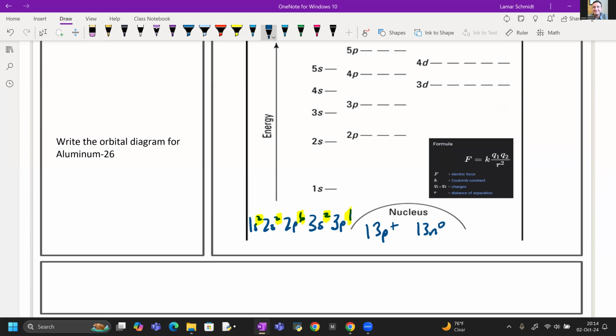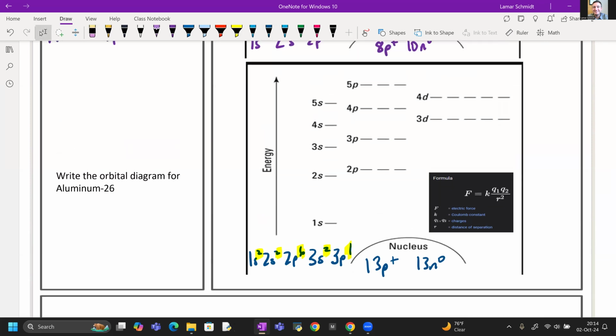Now all we have to do is show our arrows in our orbital diagram. We start with the Aufbau principle with energy level 1, and then we show these electrons with opposite spin to follow the Pauli exclusion principle. And then we go to energy level 2, go up and down.